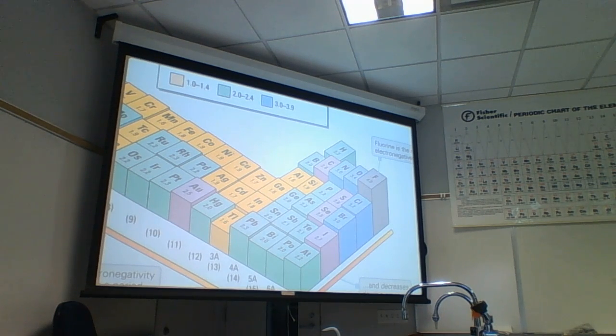See that? Which means it's slightly polar. We call it a polar covalent bond. And so the reality is it's more covalent than it is ionic. It's somewhere in between.